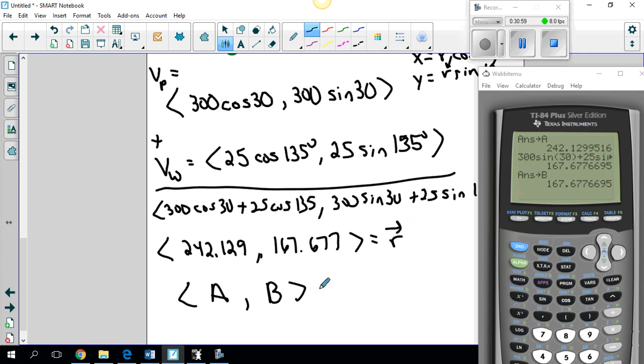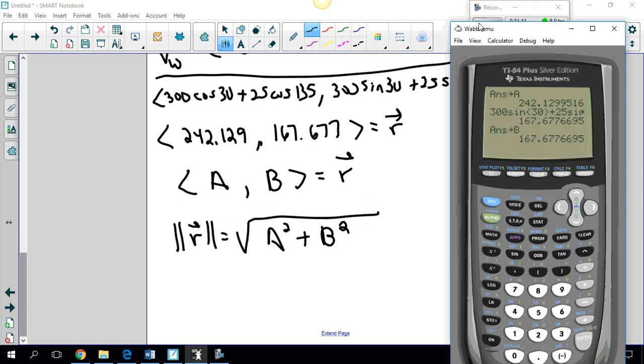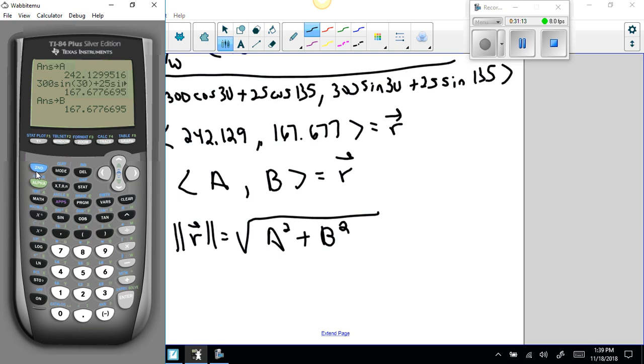To find its magnitude, the magnitude is just the radius, the square root of x squared plus y squared. It's the square root of alpha A squared plus alpha B squared.